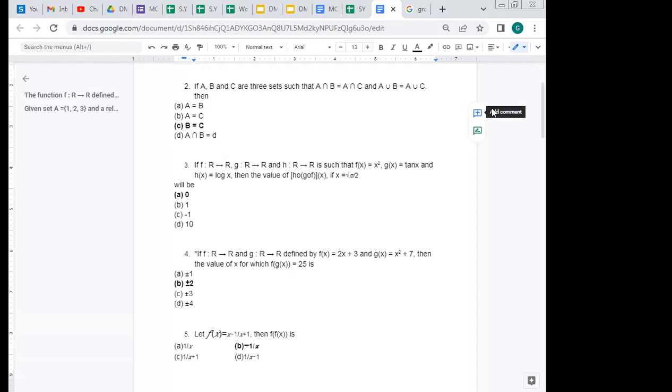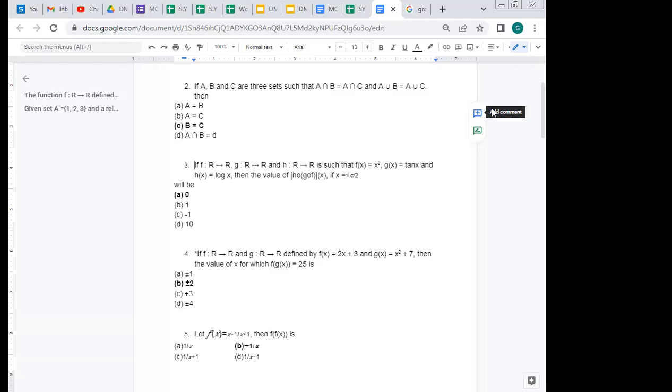For x square, root pi by 2 squared is pi by 4. So in g of f of x, what we have to evaluate is tan of pi by 4, and it is 1. Then h of g of f of x means log of 1, and log of 1 is 0. So the answer is 0 here. Getting this question?